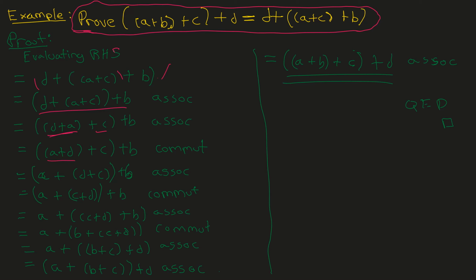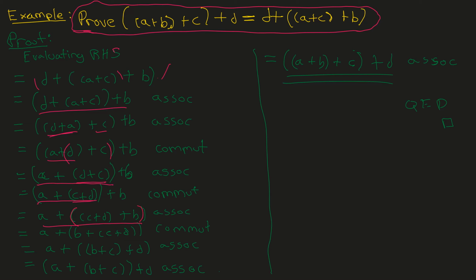Then I'm using associativity again to rearrange the brackets this way. Then I'm using commutativity again to show that d plus c is the same as c plus d. Then associativity again to rearrange the brackets the way I want.